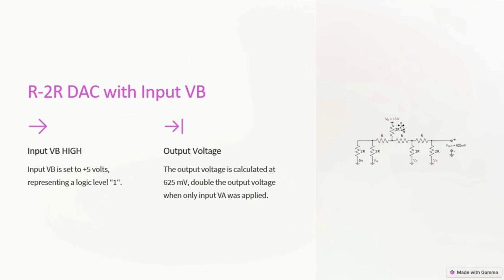We can also see that it's double the output voltage when only input bit VA was applied, and we would expect this as it's the second bit input, so it has double the weighting of the first bit.